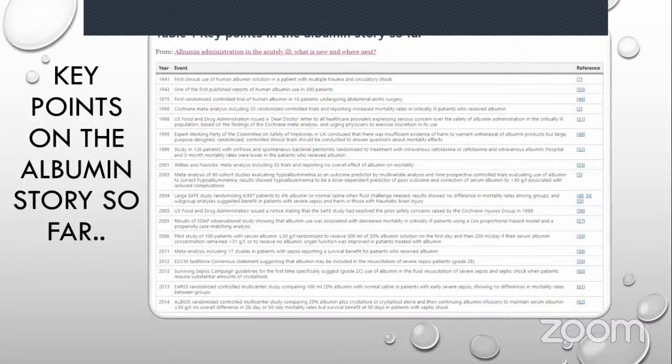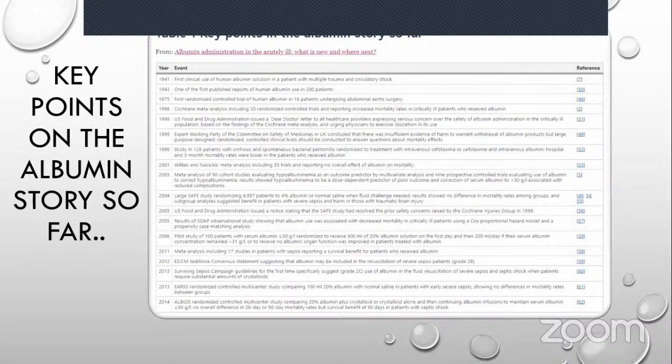They used higher doses of albumin and continued giving it over 28 days. There was no difference in mortality at 28 days, and also none at 90 days. However, the difference was again in the subgroup analysis, where there was some benefit for septic patients.